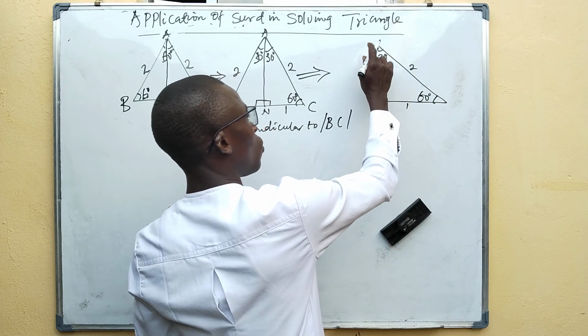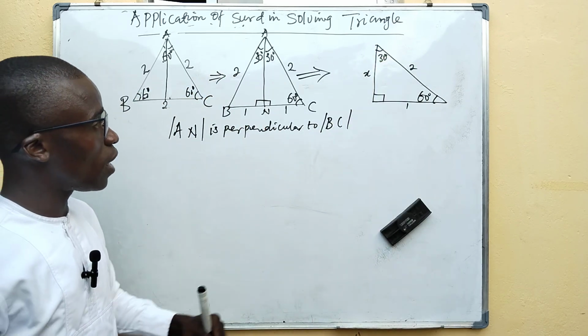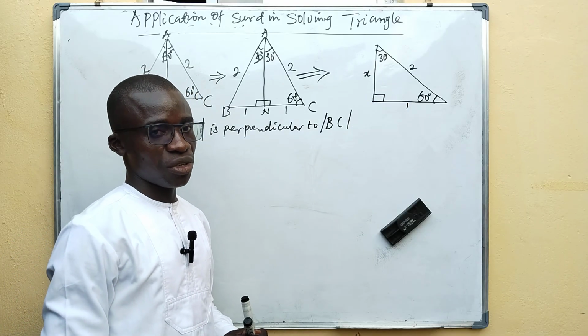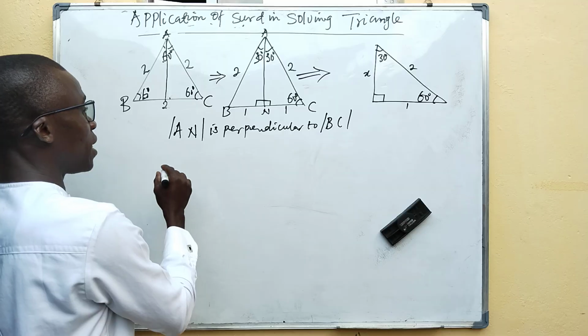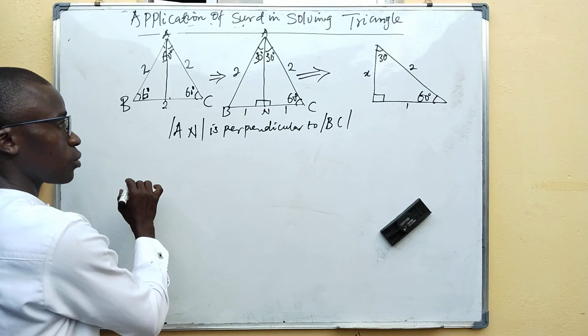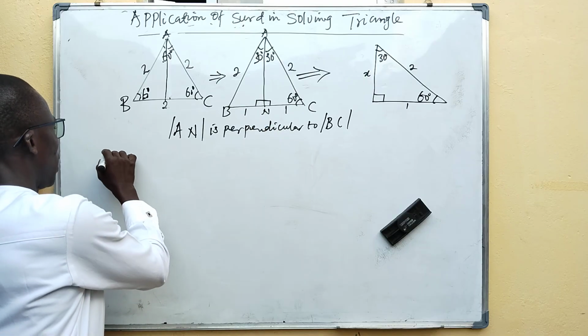Then what will be here? We call it x. For us to get this x, we apply Pythagoras theorem.